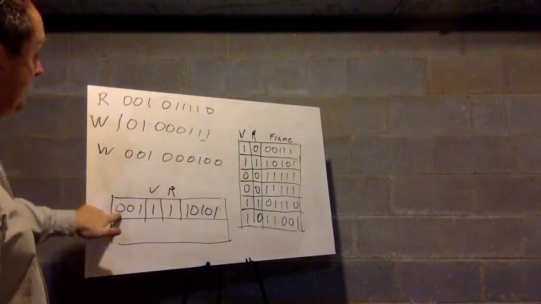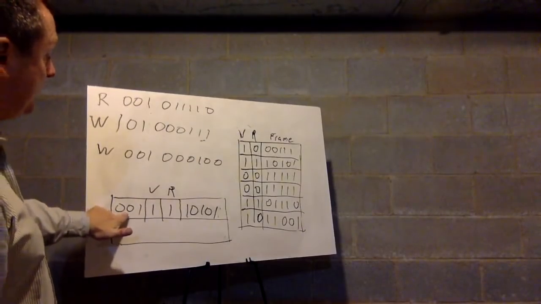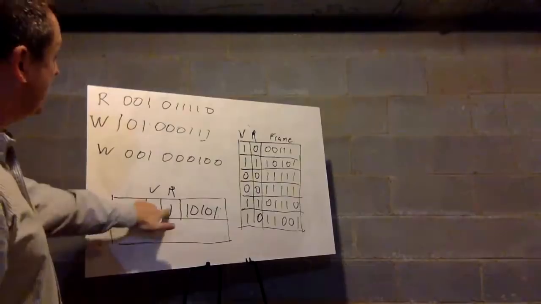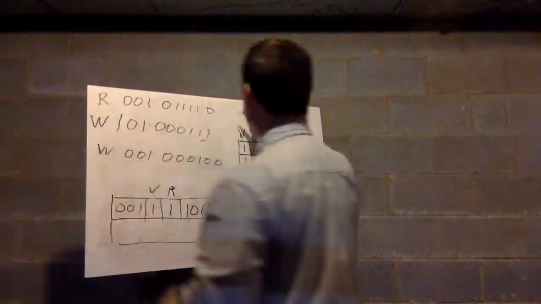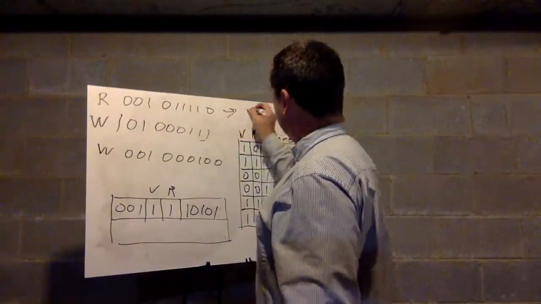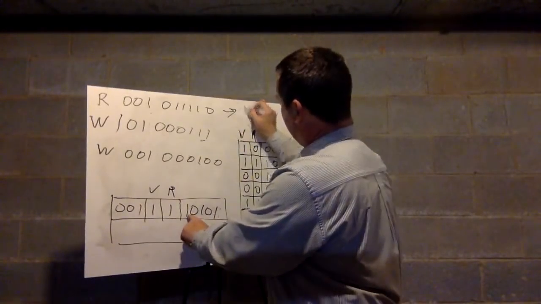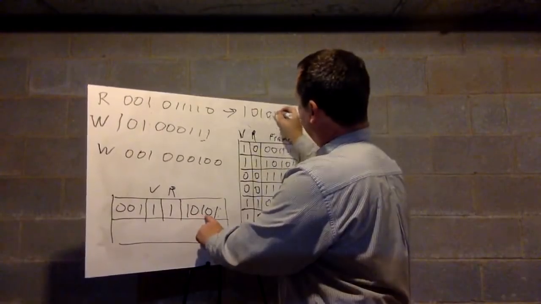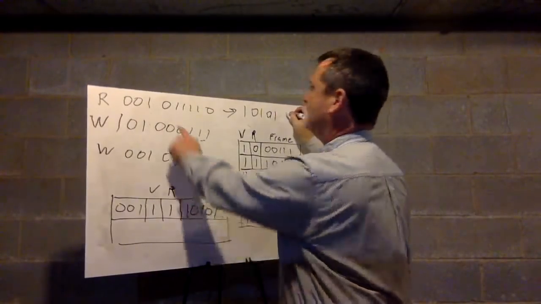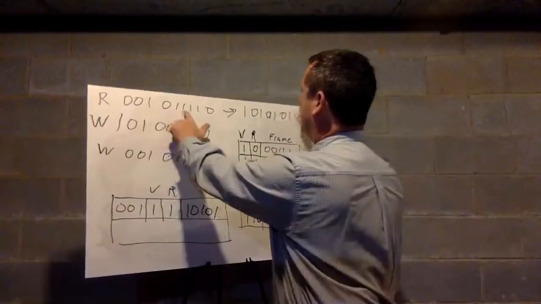My TLB tells me page 1 is valid. It's read-only, but I'm only trying to read it, so I'm okay. And it lives in this frame, so that translates to frame number 10101, and then offset 0111110.